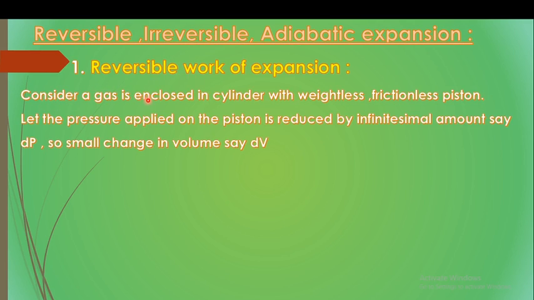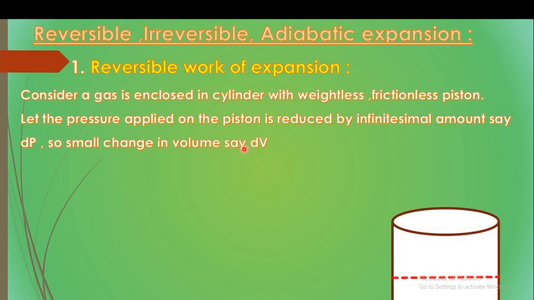Consider a gas enclosed in a cylinder with a weightless and frictionless piston, and the pressure applied on the gas on the piston changes by an infinitesimal amount, say dP. This small amount dP is the pressure change, and therefore there is a small change in the volume, given by dV.